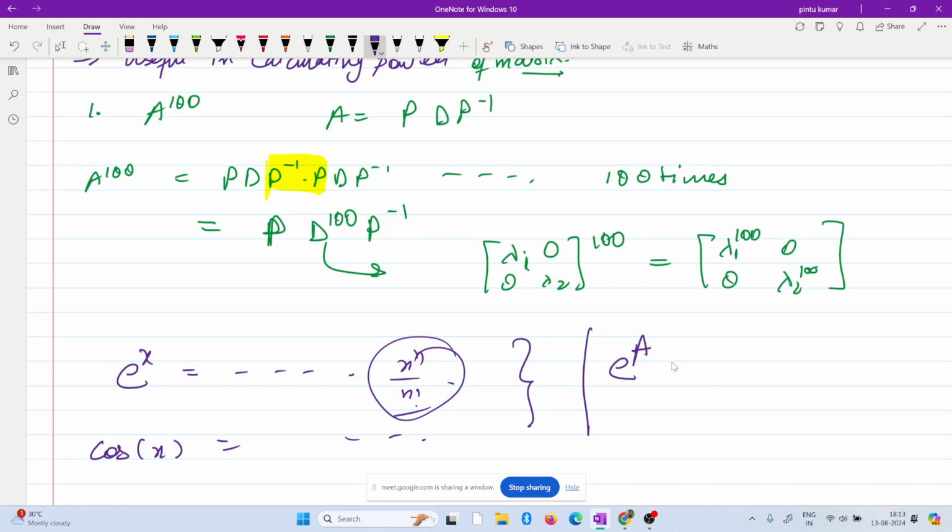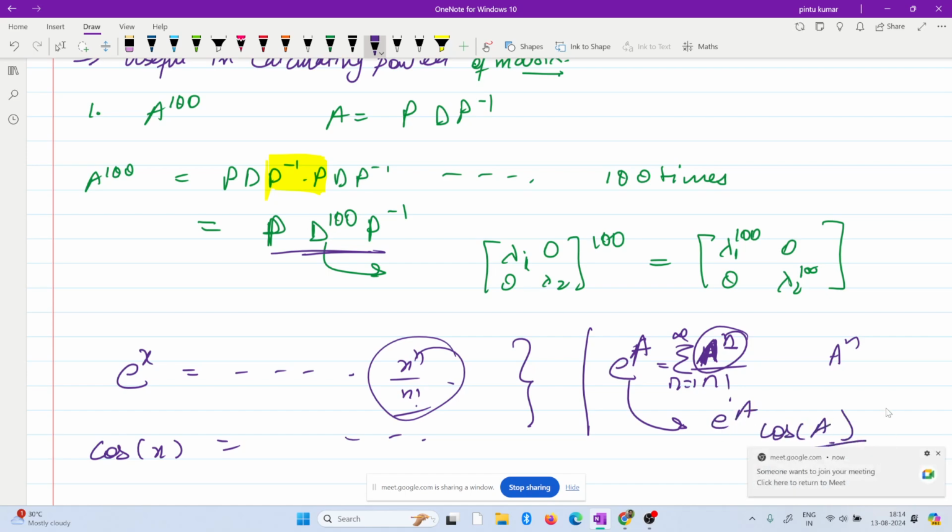Then how you go about it is that you write it as a Taylor series expansion, something like this. I'm not sure if this is the correct Taylor series expansion, but it would involve some power of n, some power of A, right? Then you can use this to generalize A to the power n and can calculate e to the power A or cos of A or those kinds of things.